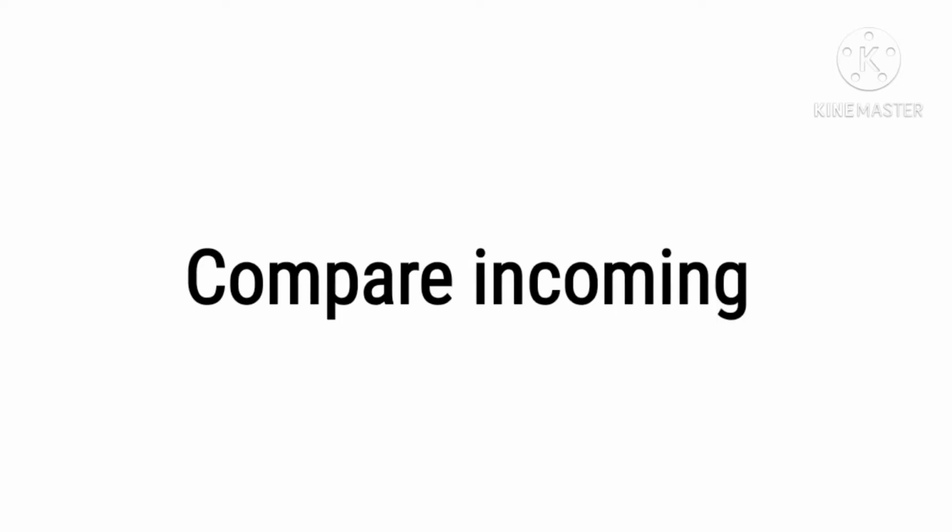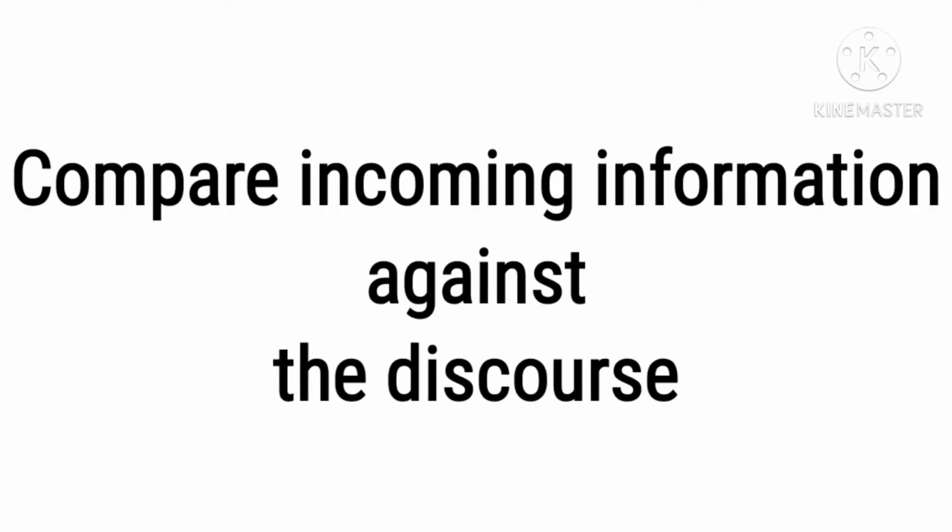Third, comparing. This operation requires the listener to compare incoming information against the discourse to check possible inconsistencies, which could result in a failure of understanding on the part of the listener.